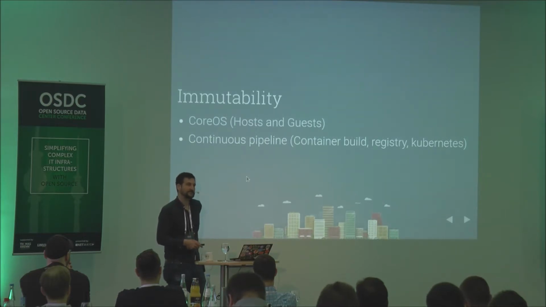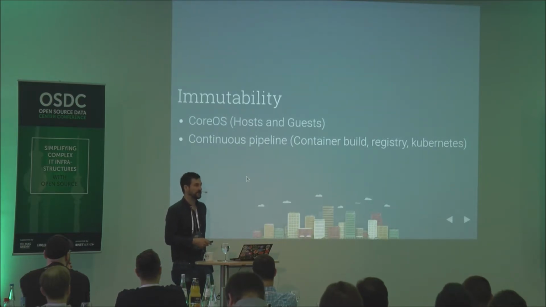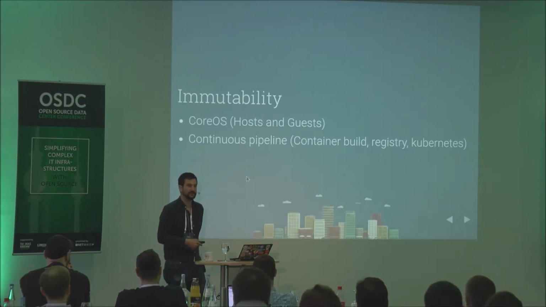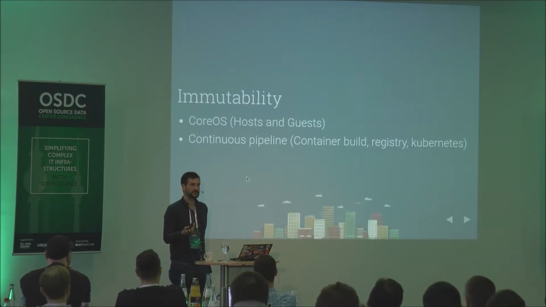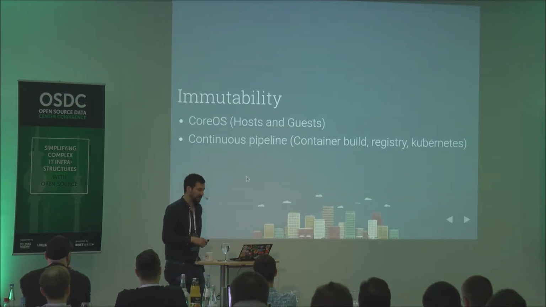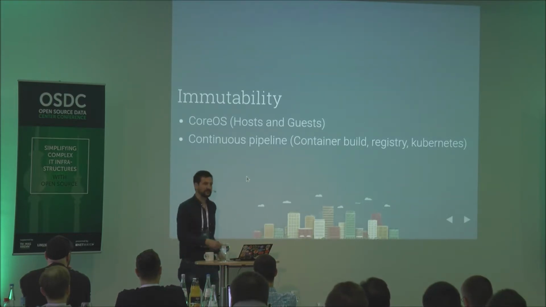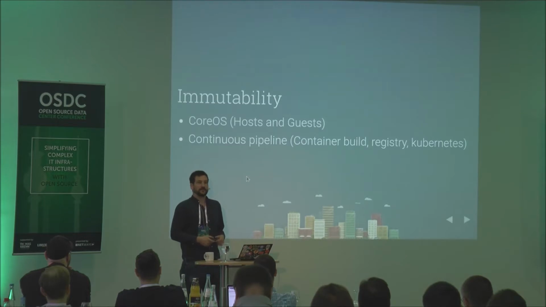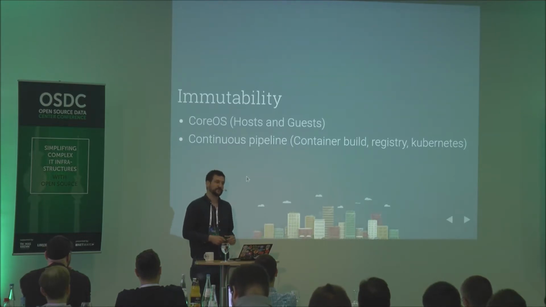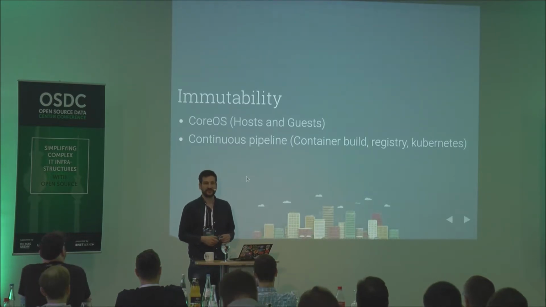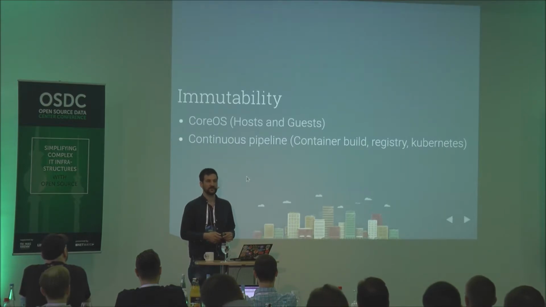One thing that is really important to us there is that we have full immutability. So we're using CoreOS for the underlying host, but also for the tenant clusters we're creating. And we have a continuous pipeline where we build our images and then push the images to a registry, and then also apply those changes to Kubernetes automatically.